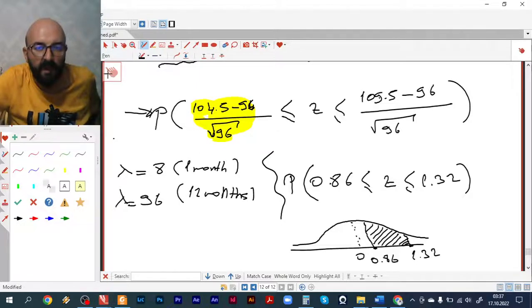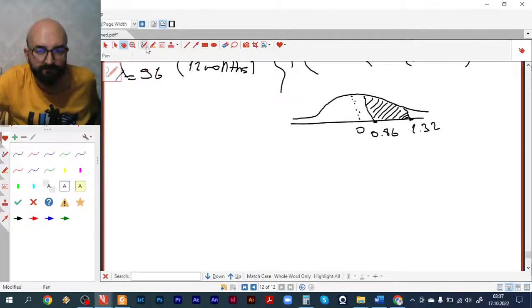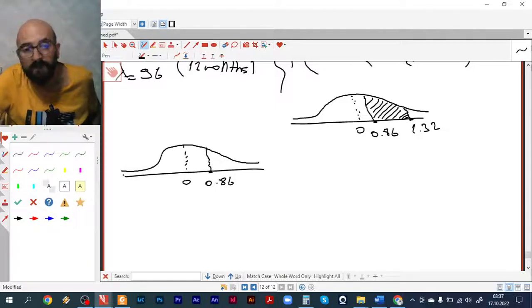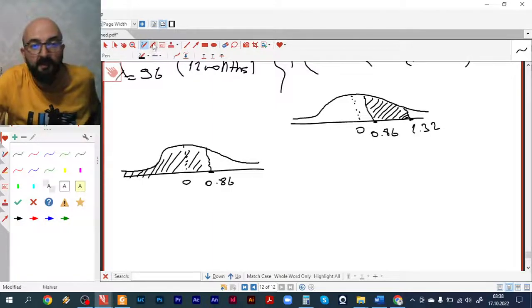Please remember that if you look at the z table for any value, for example 0.86, you can find the big area, to the left of the 0.86 point.